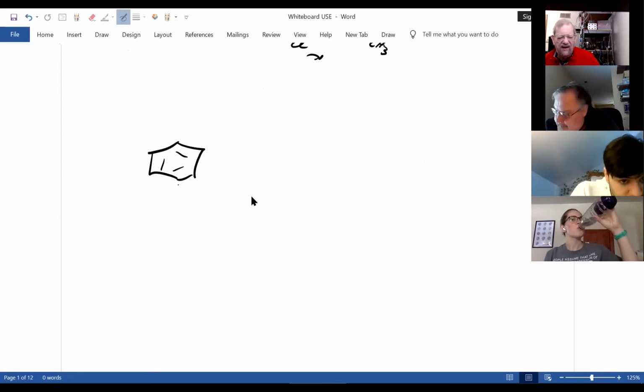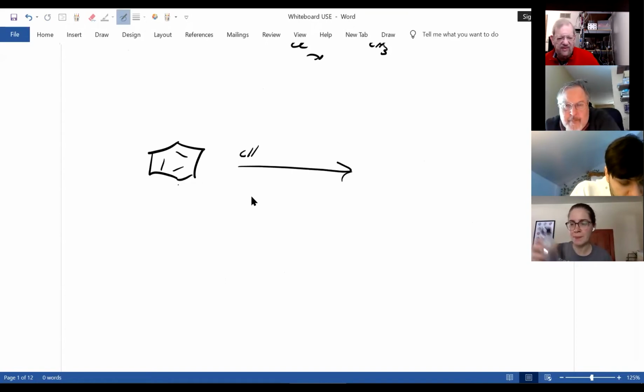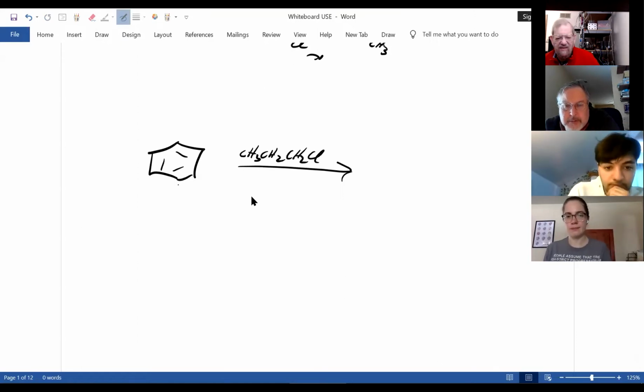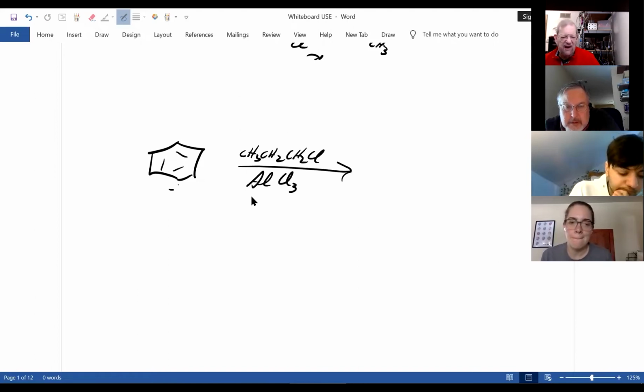And instead of writing A plus B plus C, a lot of times organic chemists will do this. What this means is I'm reacting benzene with this compound, an alkyl chloride.